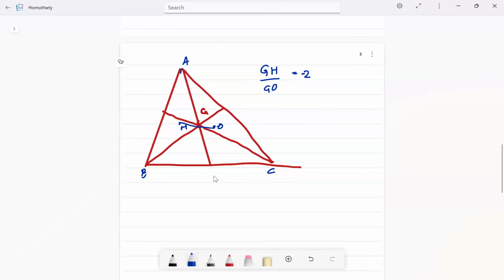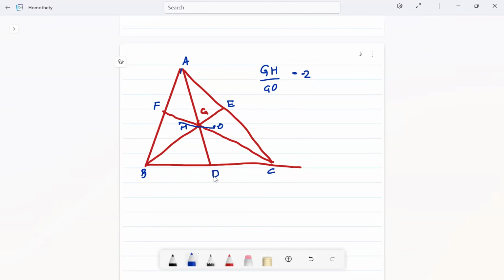We can use the fact that the centroid divides the median in the ratio 2:1. So we could take a homothety at G with ratio minus half. Yes, exactly. Under that homothety, ABC will go to DEF.